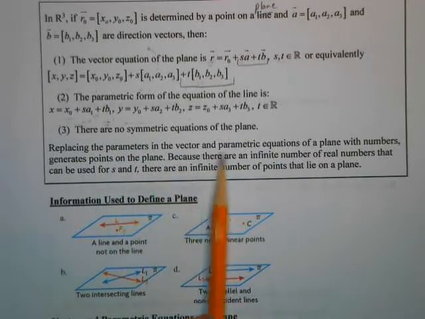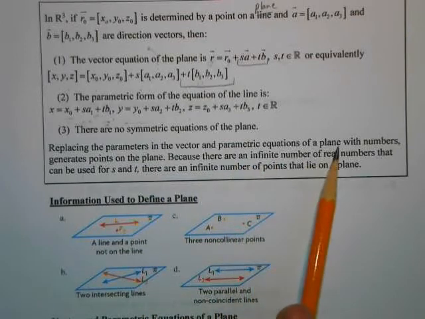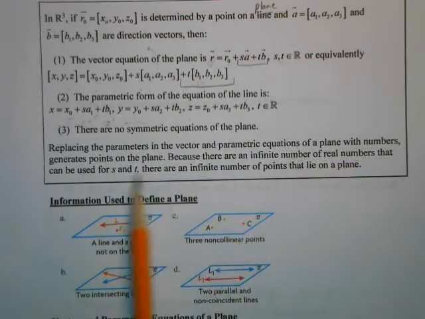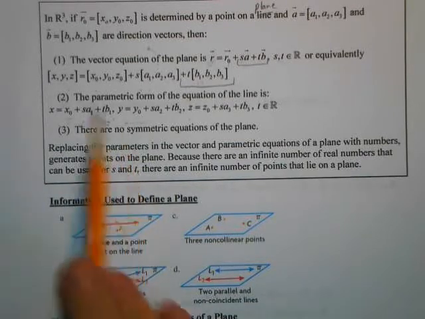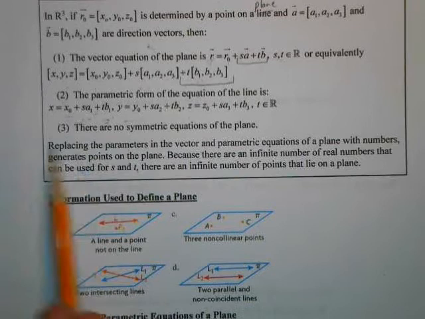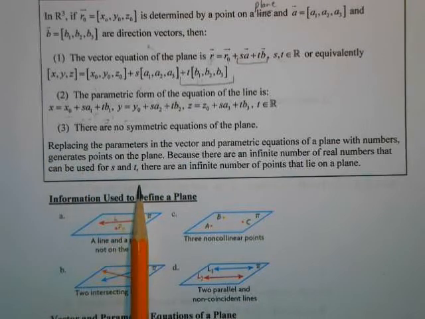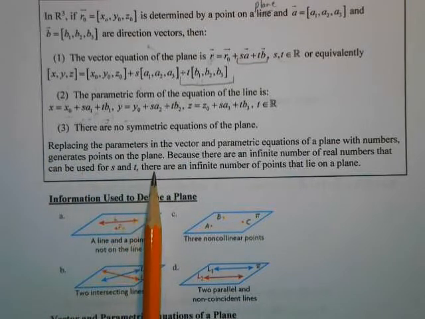Replacing the parameters in the vector and parametric equations of a plane with numbers generates points on the plane. We're actually going to be doing that. So if we gave a vector equation or parametric equations, we could actually come up with other points that are on the plane.